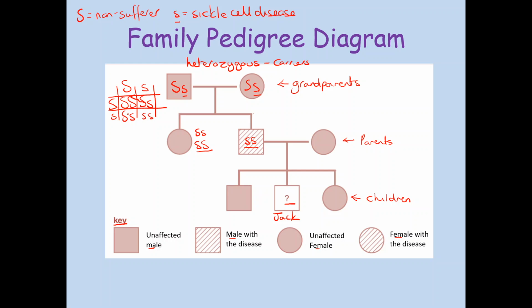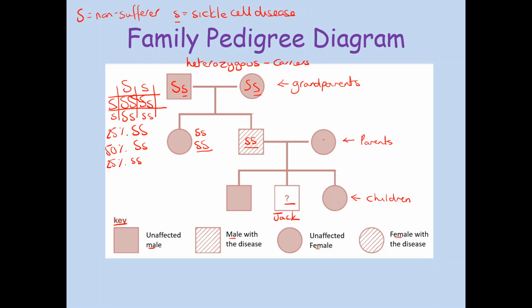So here we've got 25% chance of 2 capital S's, 50% chance of being a carrier, and then 25% chance of being a sufferer, 2 little s's. Okay. So their son is a sufferer.